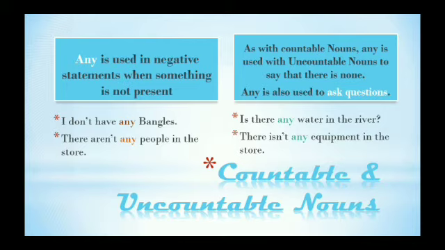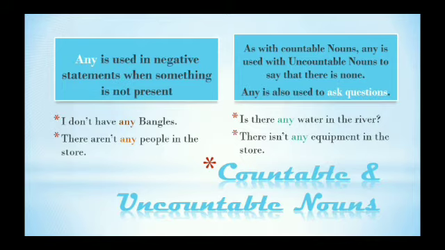Here, bangles is a countable noun, right? So, in order to show that I have no bangles, we have used any to express that no bangles are present. Second one, there aren't any people in the store. Here, people is a countable noun. So, in order to show that there were no people in the store, we have used any.